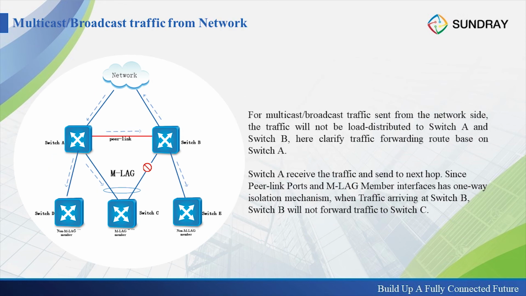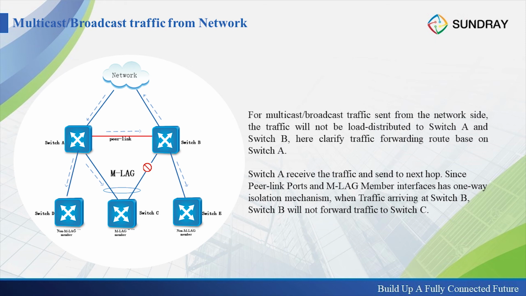For the multicast and broadcast traffic from the network side, here we also take switch A as an example. The network side multicast traffic arrives at switch A, and switch A will send it to the next hop.